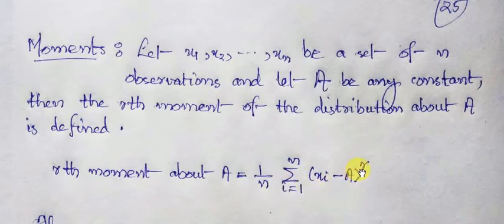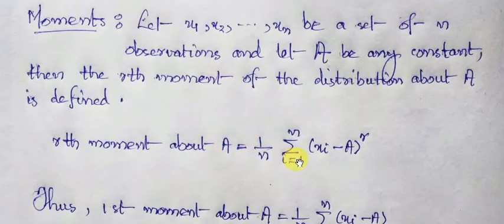So the rth moment about A of this statistical observation x1, x2, and so on, xn is 1 by n summation over i equal to 1 to n, xi minus capital A whole to the power r. This is the rth moment about capital A. And this set of observations being a collection of data without any frequency, we have written this formula.